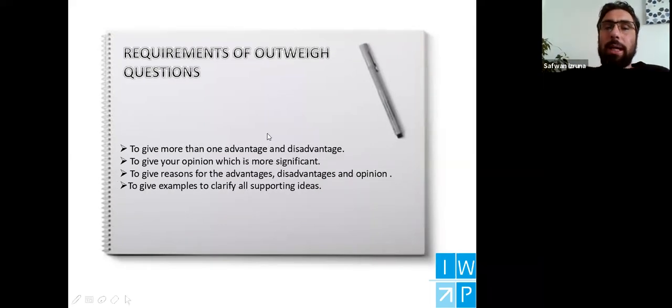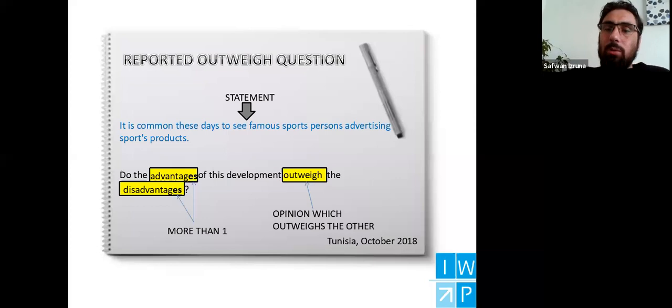Then we have outweigh. Now, outweigh questions, they say do the advantages outweigh the disadvantages. So we need to present advantages, more than one, and disadvantages also more than one.